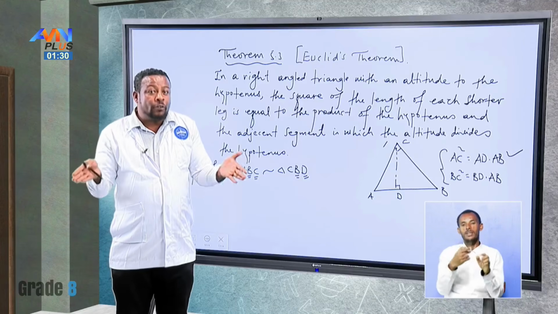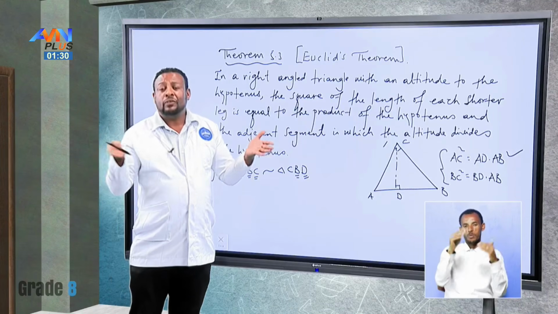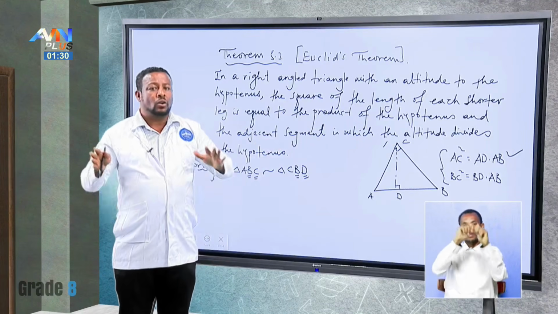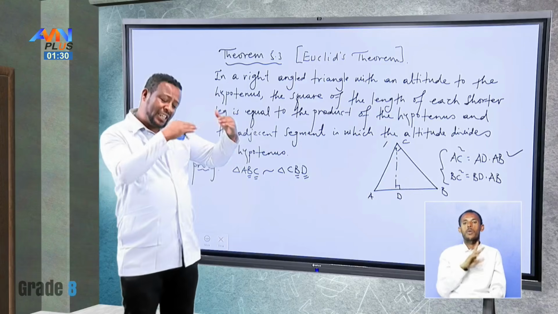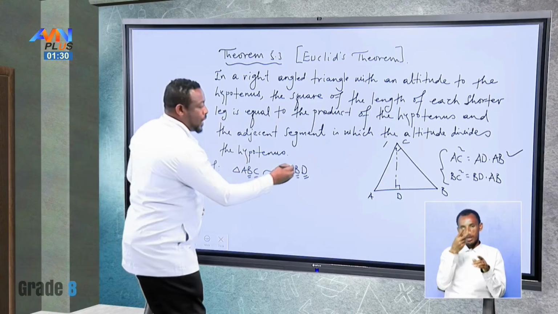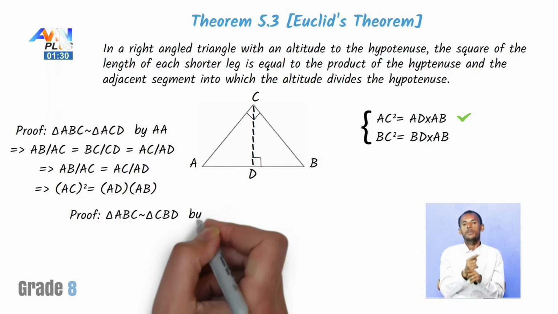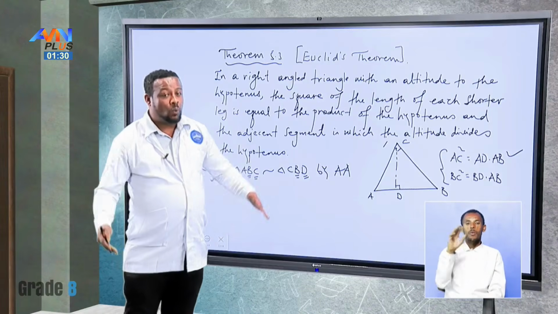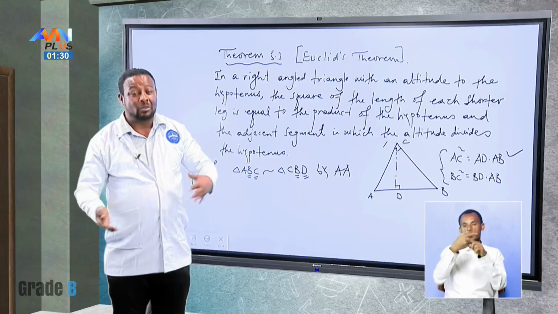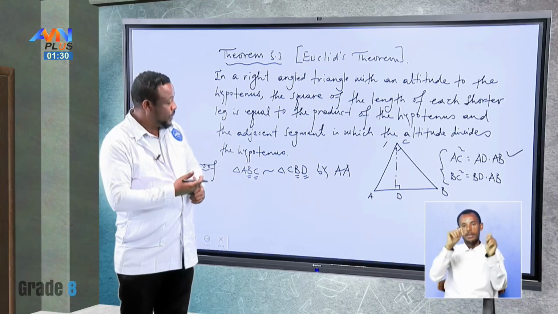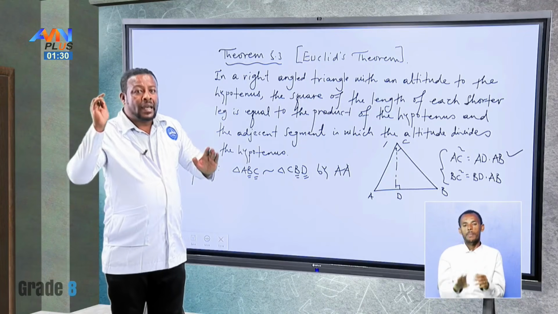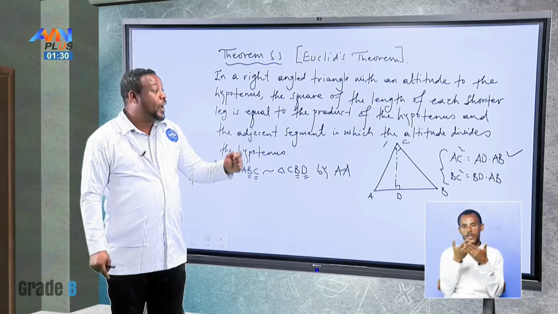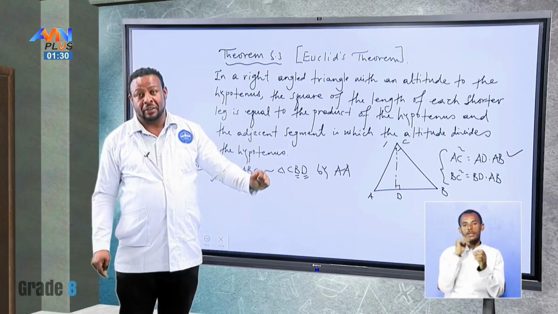If you have two congruent angles, the two triangles are similar. You don't need to mention the detailed proof. You need to state by angle similarity, as we have already seen the different similarity theorems in the fourth unit.